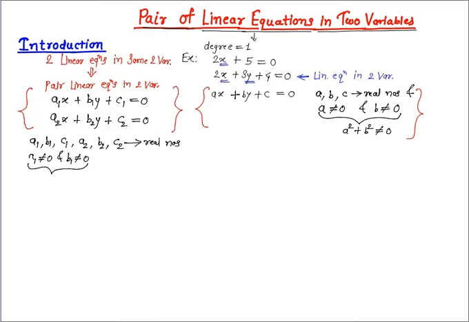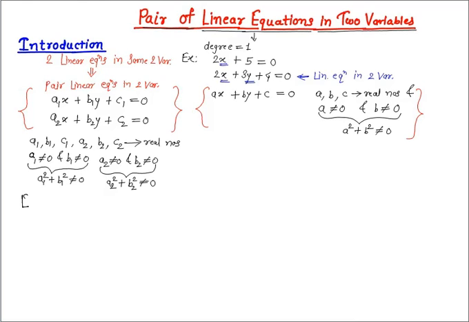That means we denote this as a1² + b1² ≠ 0 and similarly a2 not equal to 0 and b2 not equal to 0, and we denote it as a2² + b2² ≠ 0. So this is the definition of a pair of linear equations in two variables x and y.